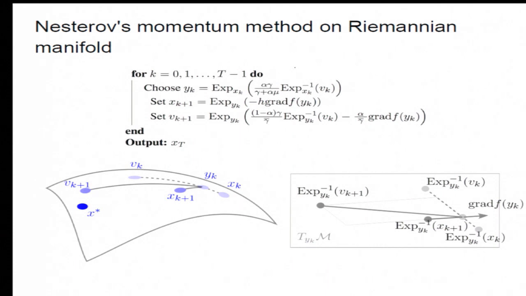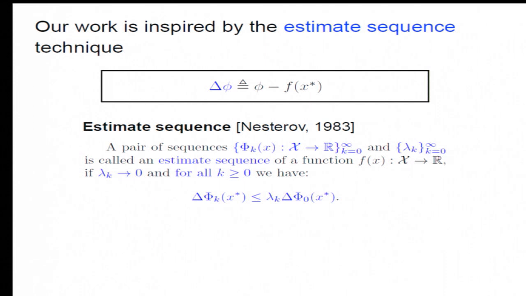Then we extrapolate vk and xk plus 1 in yk's tangent space to get vk plus 1. Our analysis makes use of the estimate sequence technique proposed by Nesterov in his landmark paper in 1983.